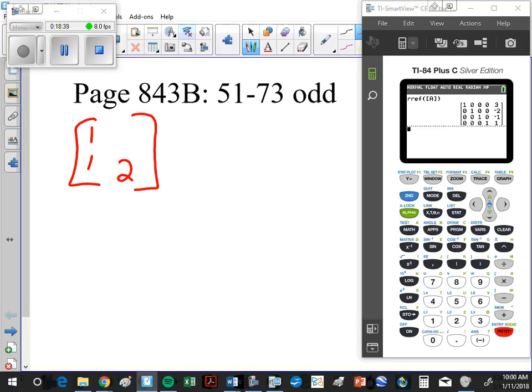And then let's say 1 and 5/3, and 1 and 2. If this is A, what does A inverse look like?